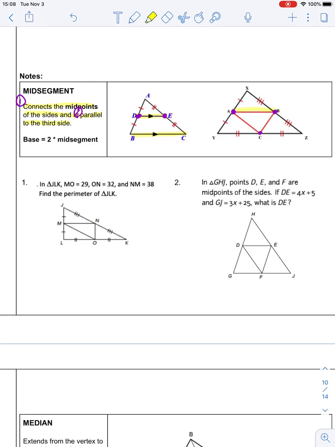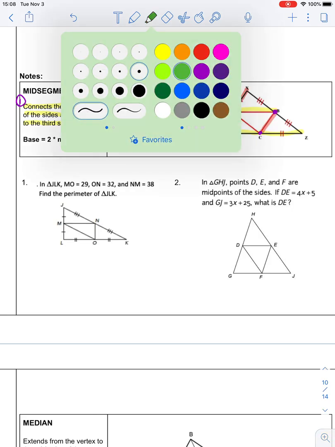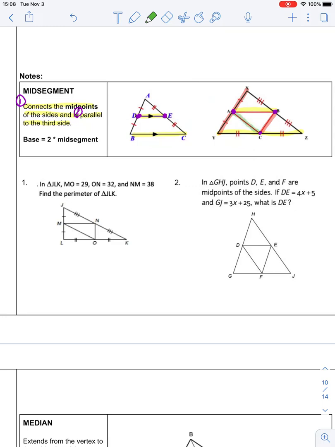So this segment, AB, is parallel to YZ. This mid-segment, BC, is parallel to XY. And this mid-segment, AC, is parallel to XZ.